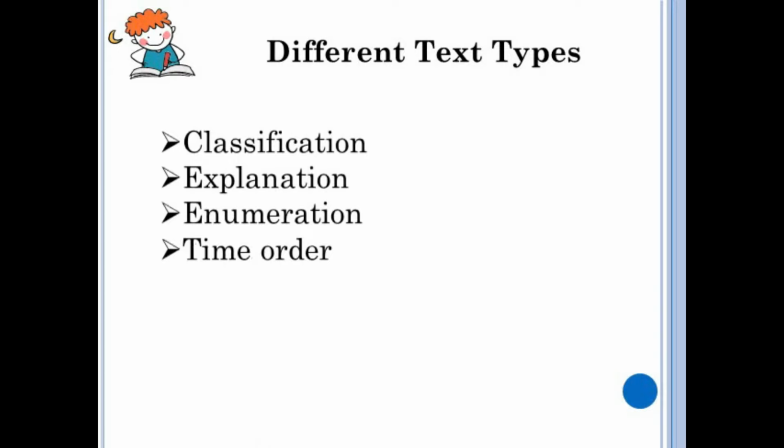These are classification, explanation, enumeration, and time order. In this part of our lesson, our focus is to discuss the first two types of text, which are classification and explanation text types.